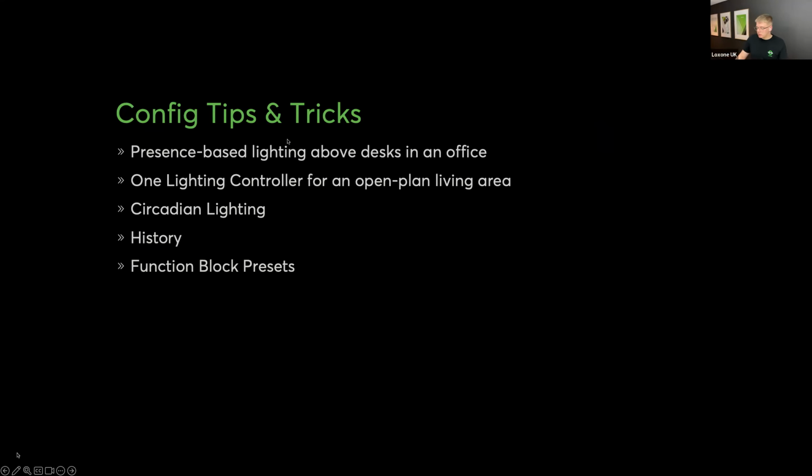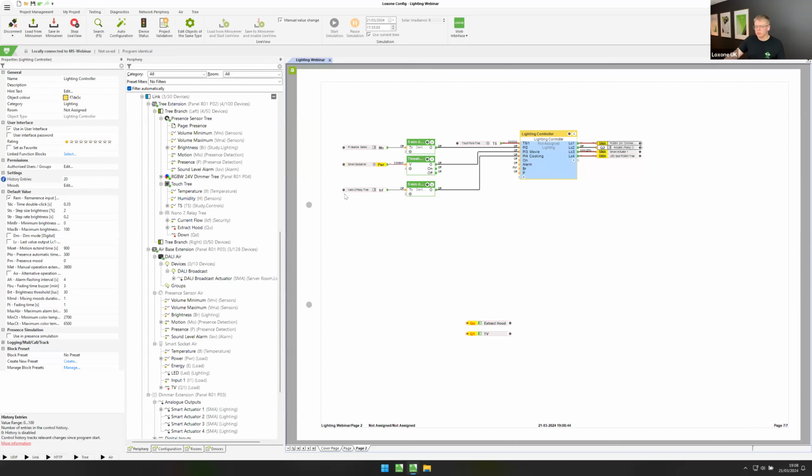Function block presets. So for function block presets, we've got the ability to create a lighting controller exactly how we want it, and then replicate it again. So if you think about those applications in residential settings and in commercial settings where you have rooms, although aesthetically they might look different, if you think of the technology that's in them and their function, they may remain the same.